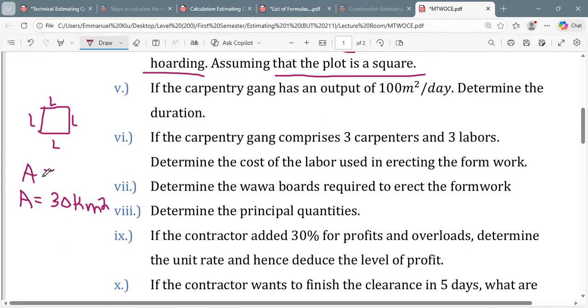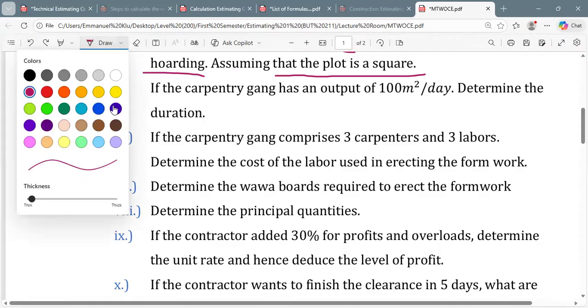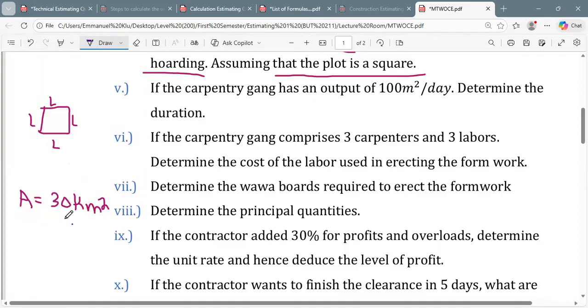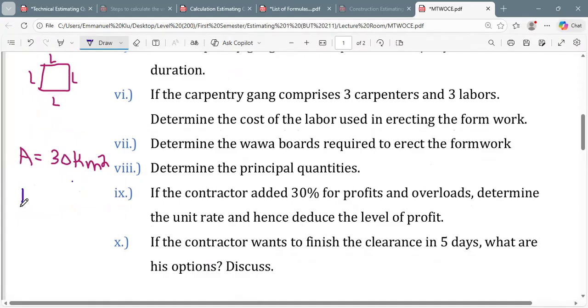The area is equal to the length times the length.